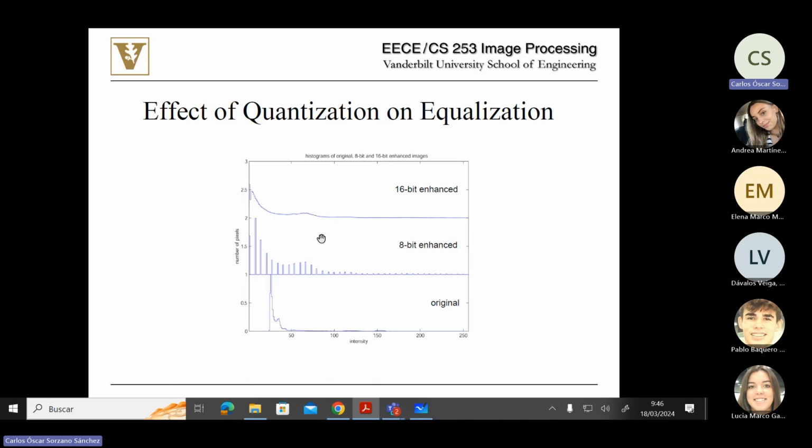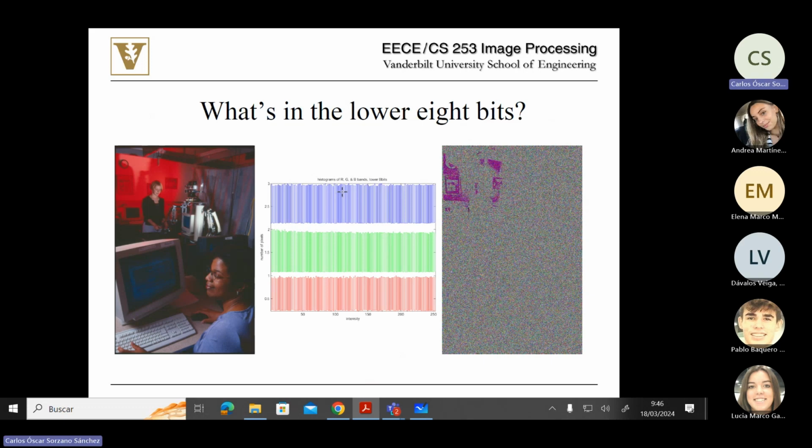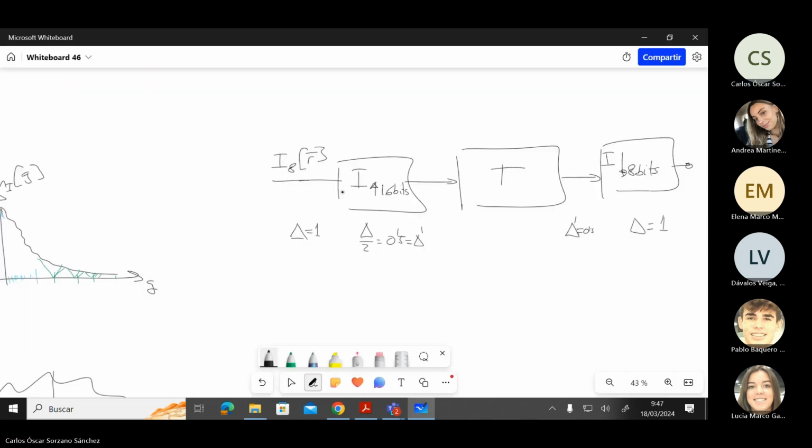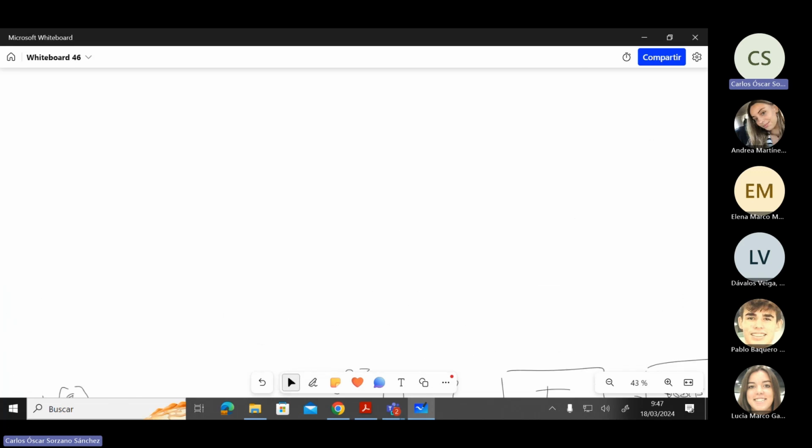And here the histograms: the original, then the enhancement in only 8 bits, and the enhancement with 16 bits. This is from the first lectures.